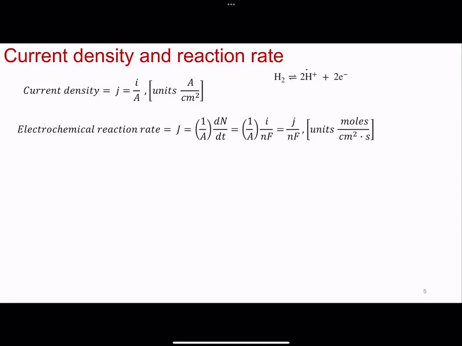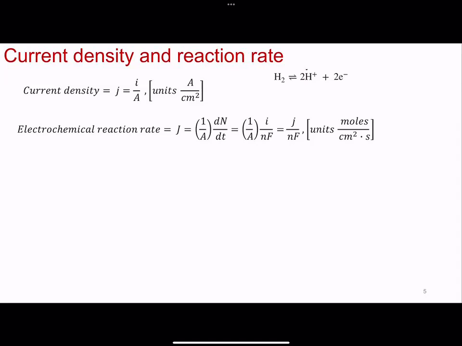So you're interested in the electrochemical reaction rate, and there that's capital J because we couldn't pick another letter. So that's capital J as opposed to small j, which is your current density. Okay, so not to be confused. So when you're reading literature in fuel cells, small j is the current density.